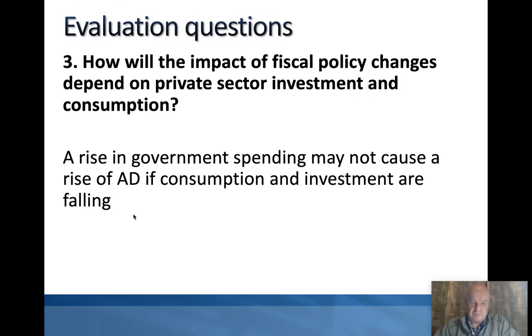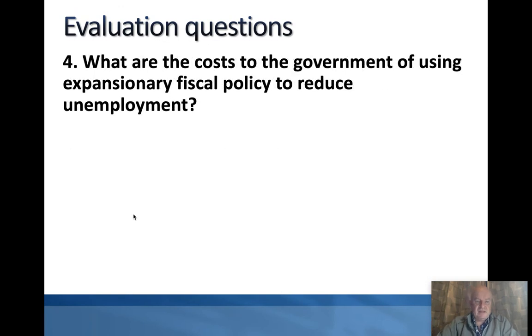that clearly can have an impact on the success of fiscal policy changes. And then finally, what are the costs to the government of using expansionary fiscal policy to reduce unemployment? This is where we're starting to look at, as we go through these next couple of sets of activities, more and more at the conflicts and trade-offs between the government using certain types of policy to try to achieve one objective and how that might conflict with another.